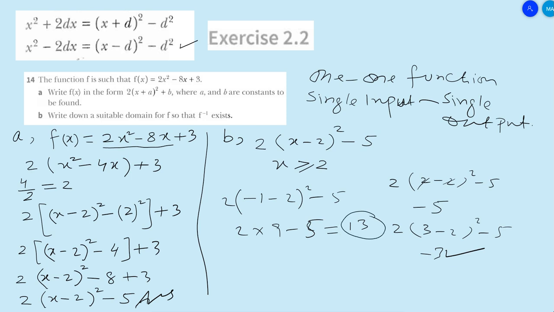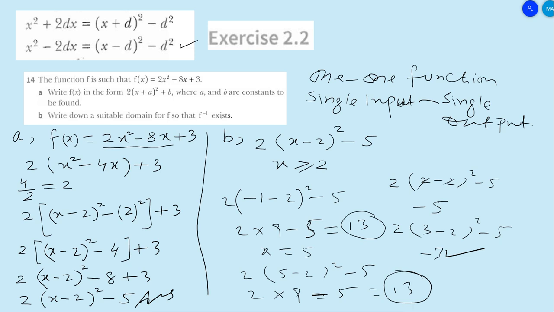This value is 13. And if we put x as, for example, 5: 2 into (5 minus 2) whole square minus 5. 5 minus 2 is 3, 3 square is 9, 2 nines are 18, 18 minus 5 is again 13.